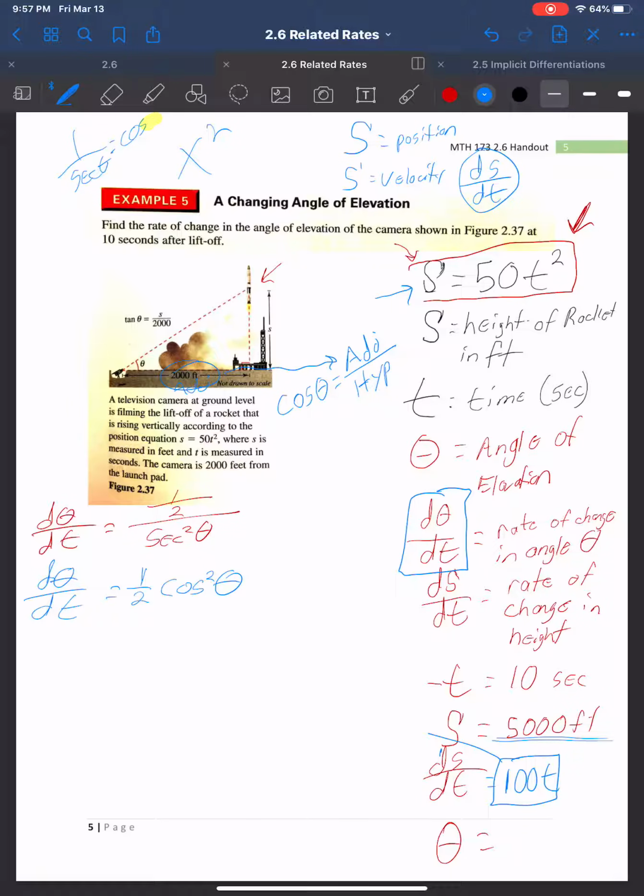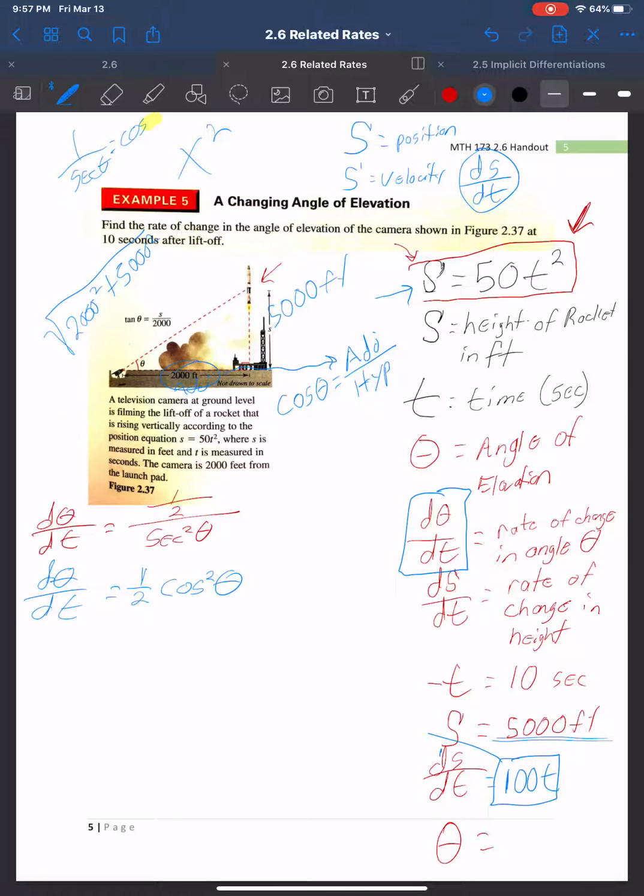Remember, everything is dealing with 10 seconds after liftoff. So this is 5,000 feet. The opposite is 5,000. The adjacent is 2,000. If I have two sides of a right triangle, I can figure out the third side, which is the hypotenuse, exactly what we want. The hypotenuse is going to be equal to the square root of 2,000 squared plus 5,000 squared.